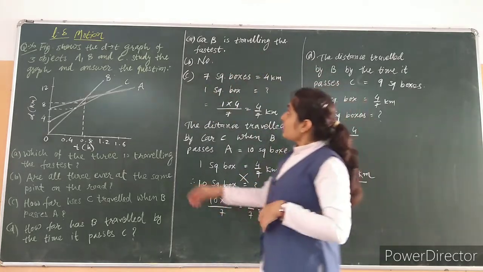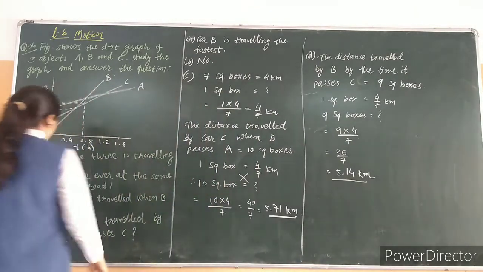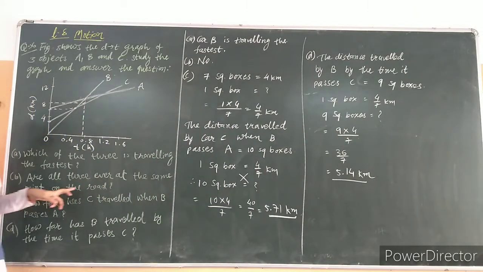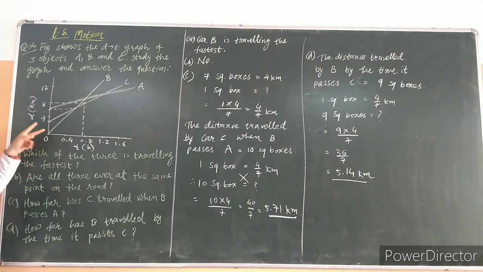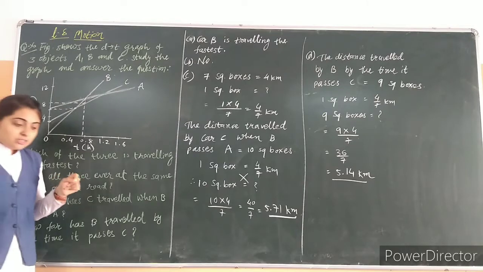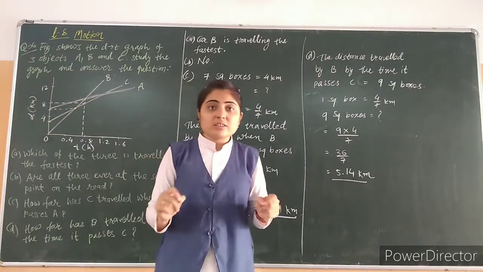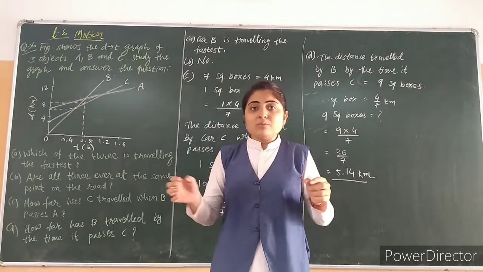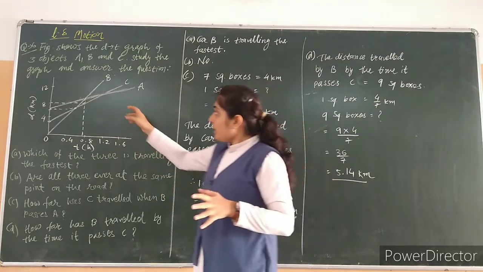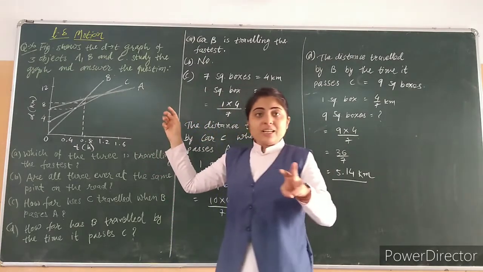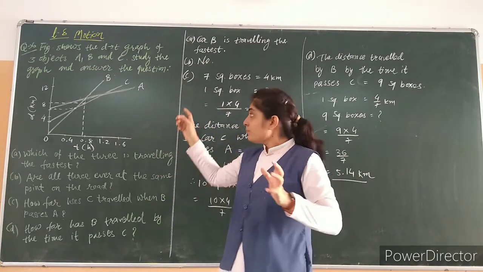Okay. Now the second question: are all 3 ever at the same point on the road? Do objects A, B and C ever meet at any point? If the lines intersect each other, then that will be the meeting point. So do these 3 lines A, B and C ever meet at any point?